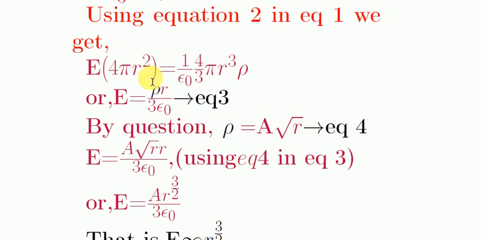Now if we simplify this equation, we can easily write E equal to rho r by 3 epsilon 0. This is equation 3.